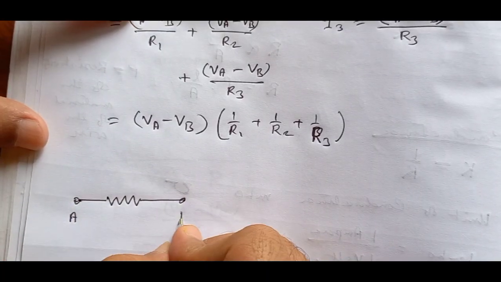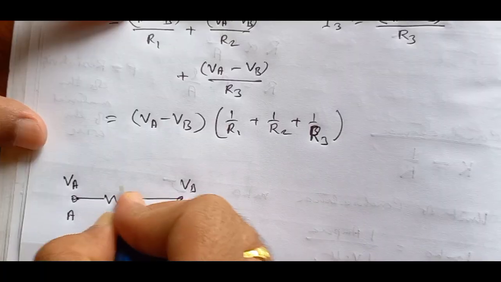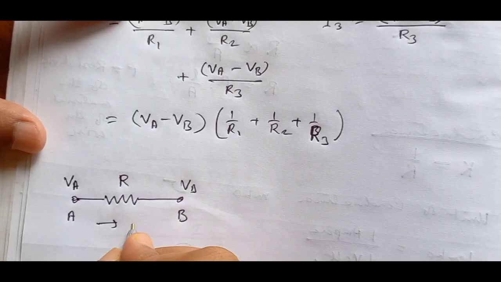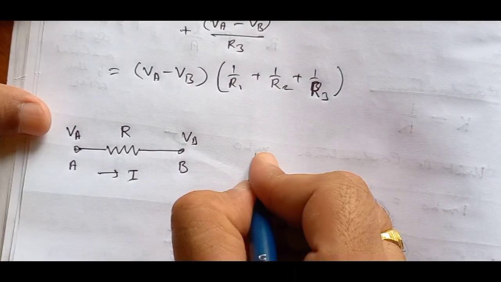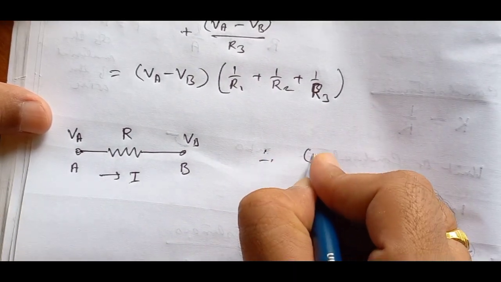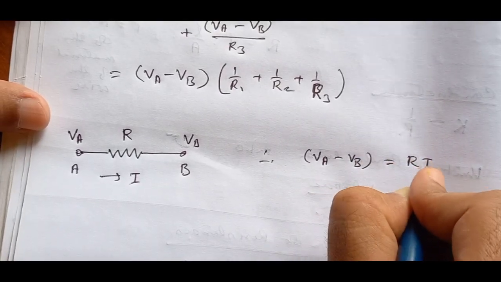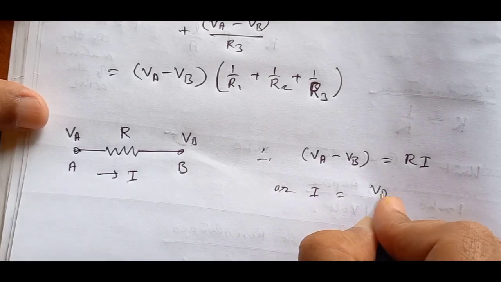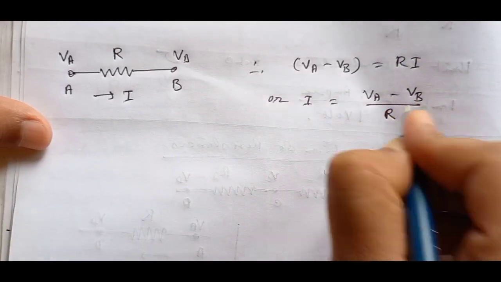This is terminal A, this is terminal B, here VA, here VB, the resistance is R, current flowing through the resistance is I. Therefore, VA minus VB is equal to RI, or I is equal to VA minus VB by R.